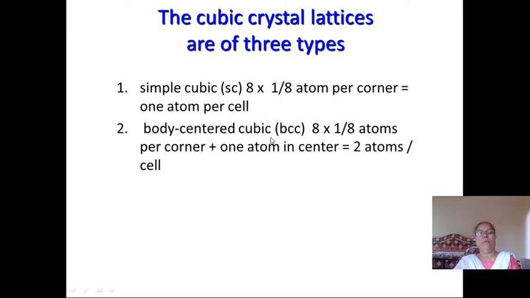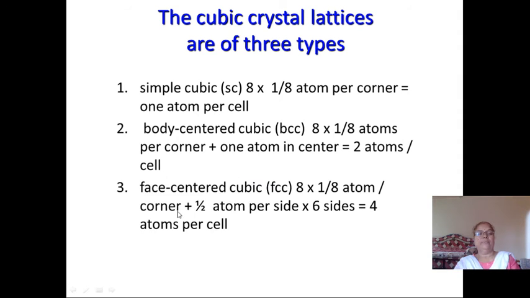Then in case of body centered cubic structure, BCC, 8 points at 8 corners. Therefore 8 into 1/8 atom per corner plus 1 atom in the center, and it is equal to 1 plus 1, that is 2 atoms per cell in case of BCC.